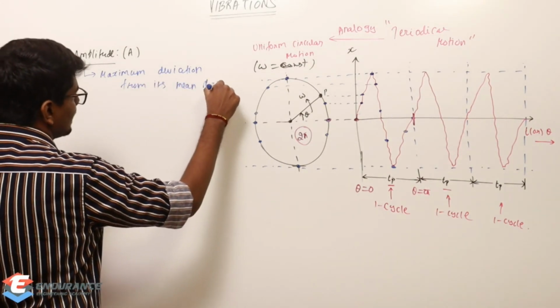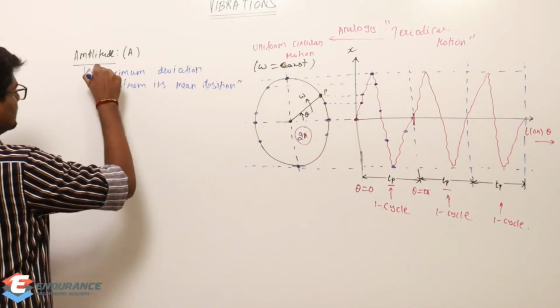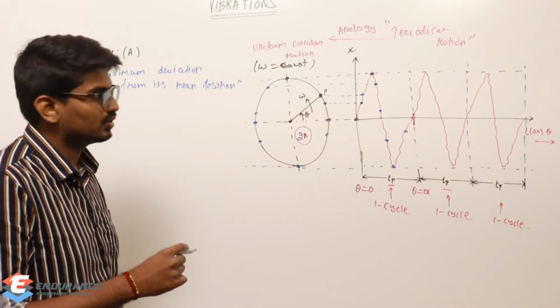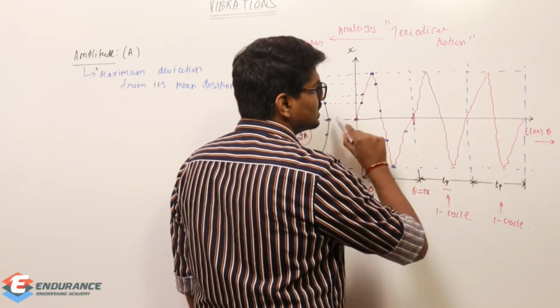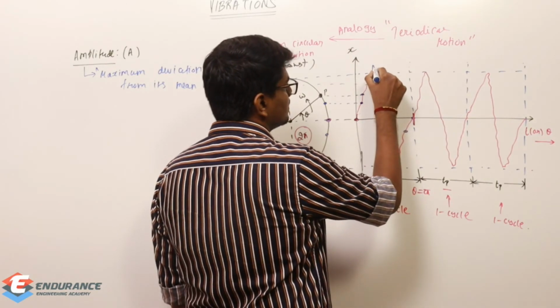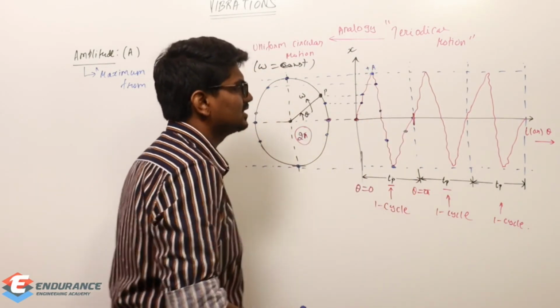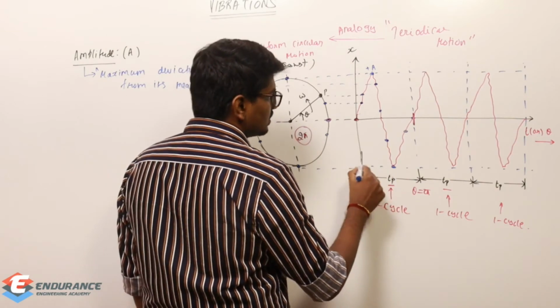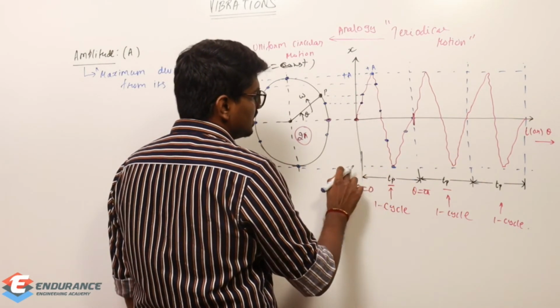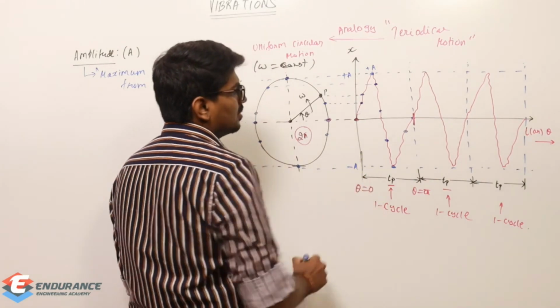I will show you in the graph so that you will understand it better. For this particular case of periodic motion, we have this as our mean position, and from the mean position, this is our maximum, in the positive direction, plus A, and this is the minimum, that is going to be minus A.